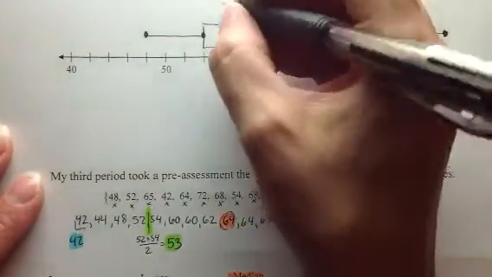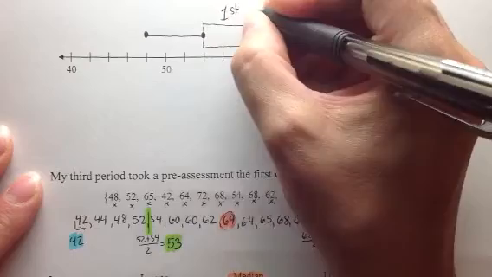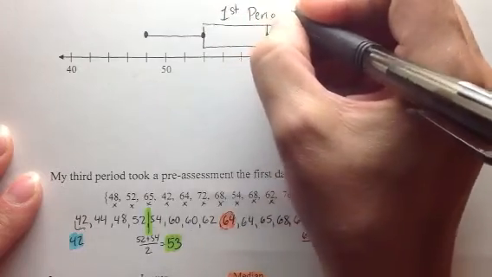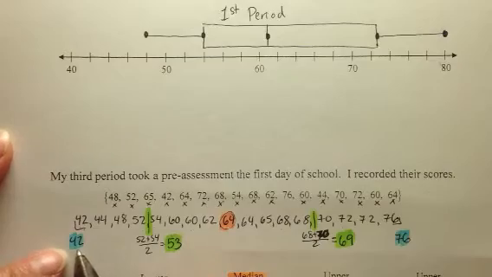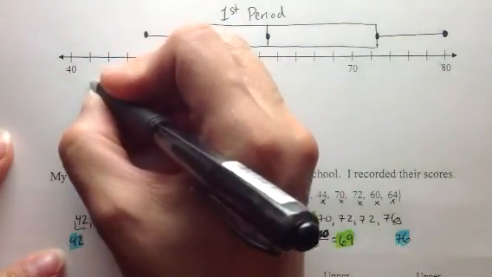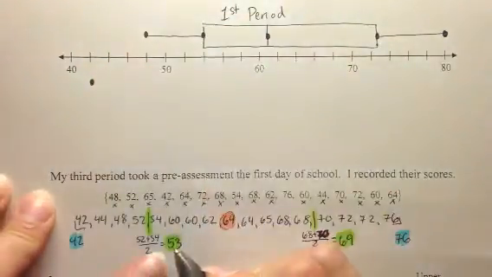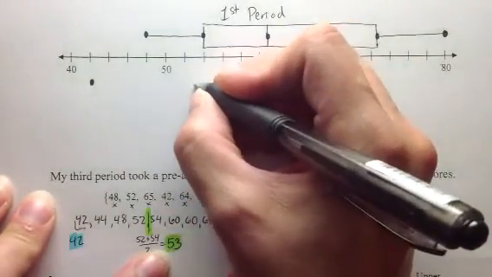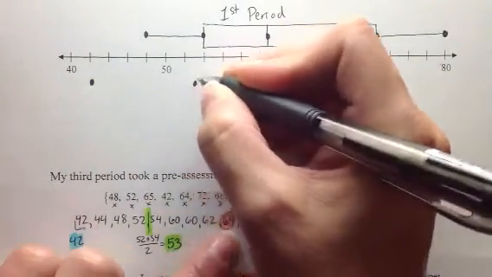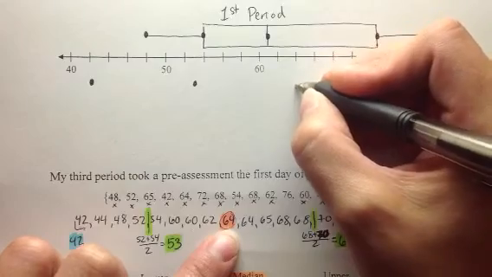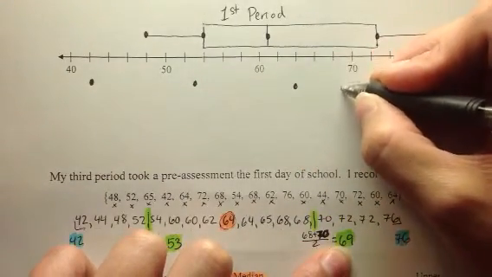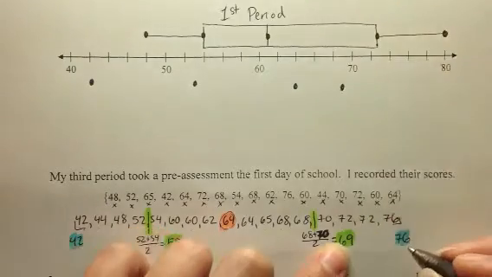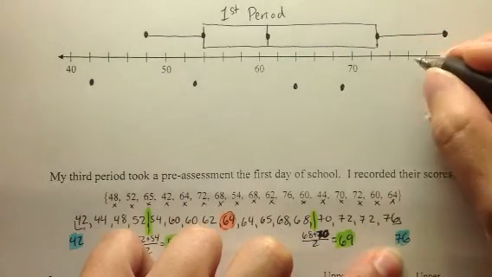So the one on the top was my first period scores, and now I'm going to do another one. 42, my lower extreme was here. 53, halfway between 2 and 4. 64, 69, halfway between 68 and 70, and 76, 2, 4, 6.